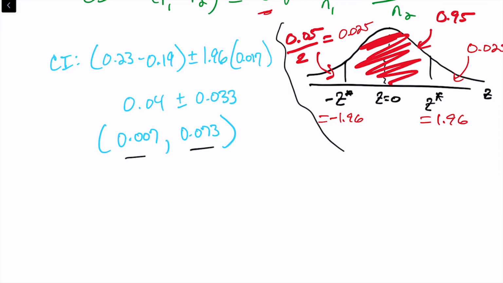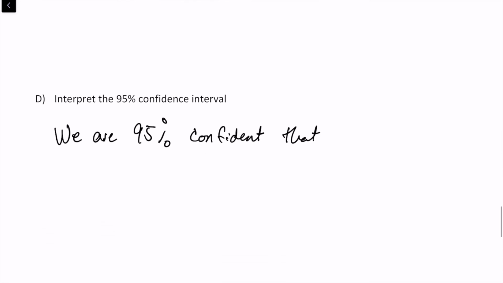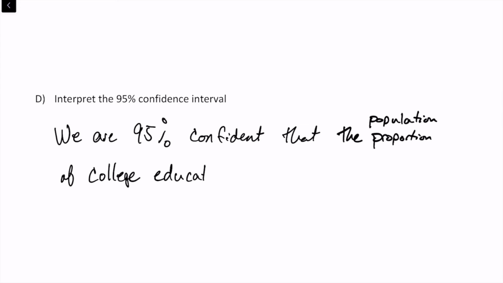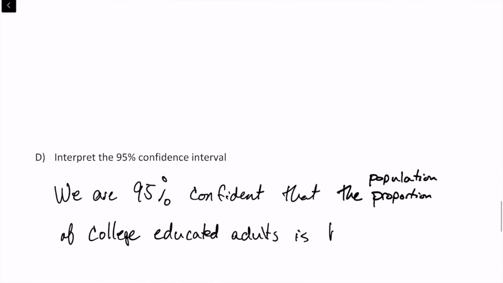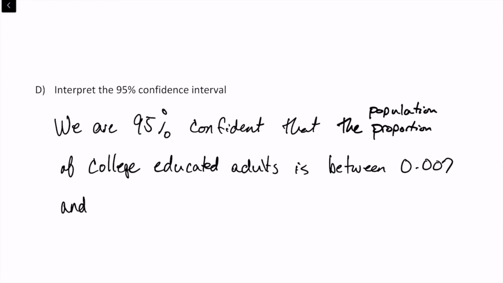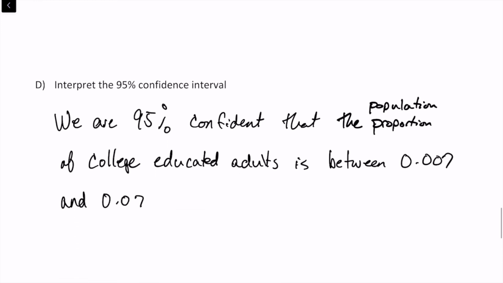So that means that p1 is higher than p2, so we know that we are 95% confident that the population proportion of college-educated adults is between 0.007 and what was the other value? 0.073 points higher than non-college educated adults.